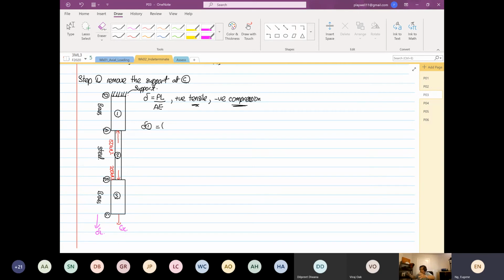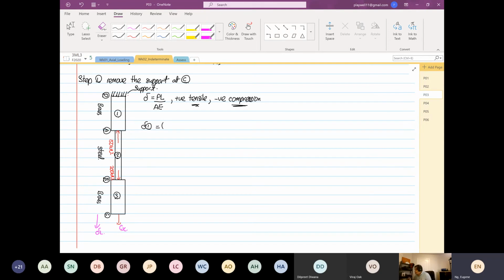Are we clear? Because this analysis is based on deformation. It's not a static analysis. In static analysis, left is negative, right is positive, up is positive, down is negative. For this case, in terms of deformation, compression is negative, tension is positive. Remember that. A lot of students make mistakes in this case.